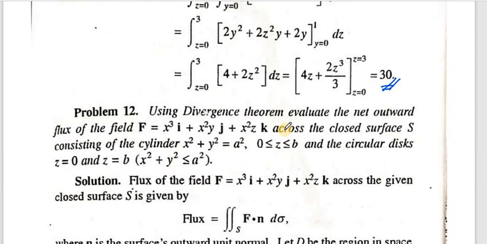Here we have to find the divergence using the divergence theorem.